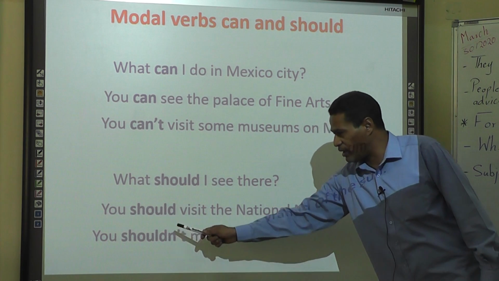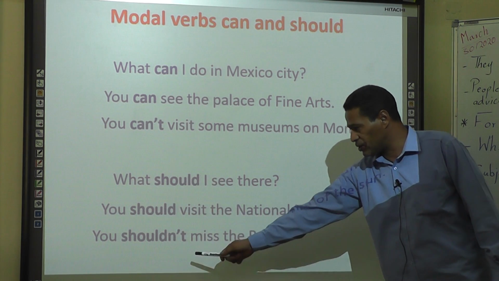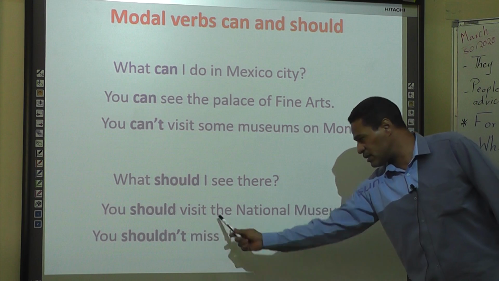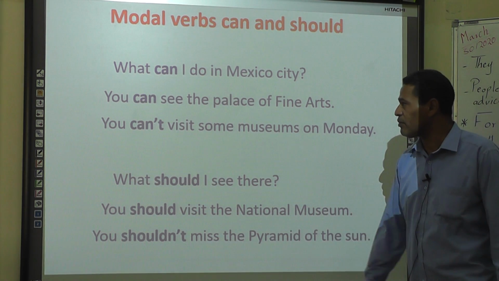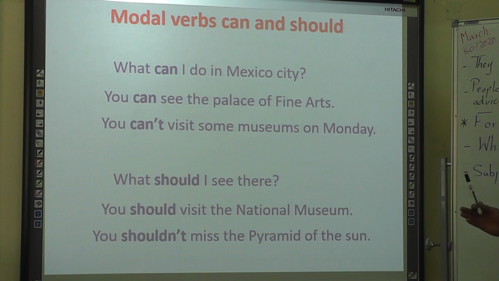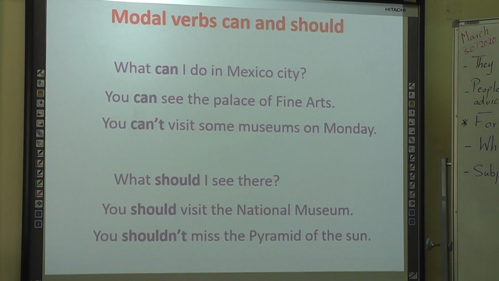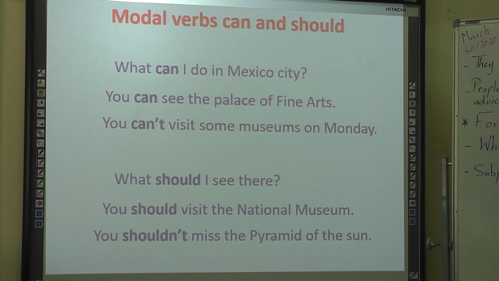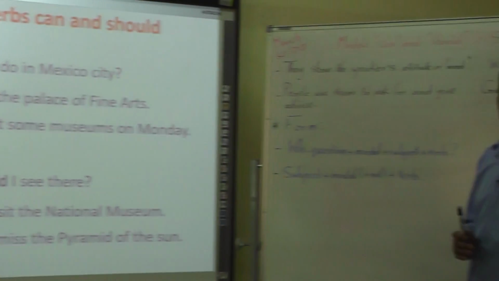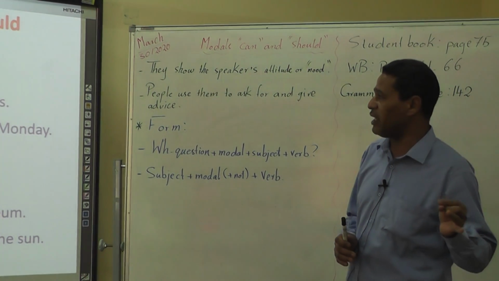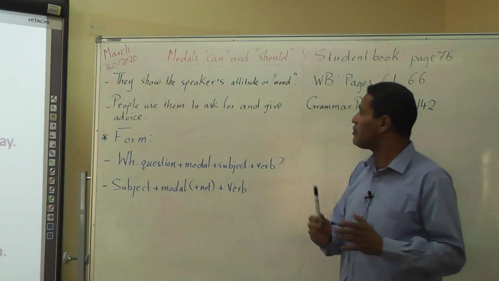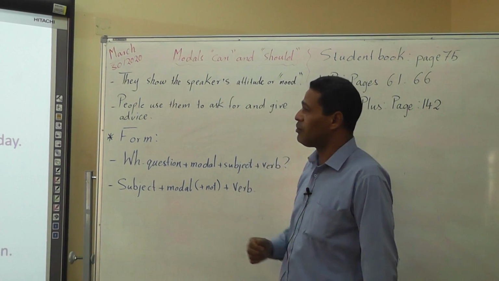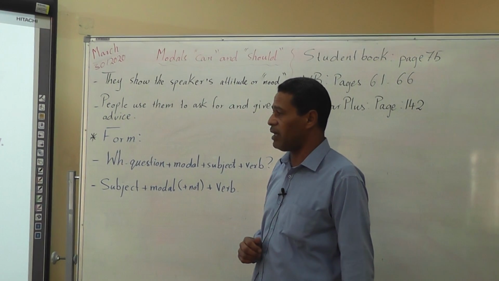So, a negative one, subject, should, plus not, plus the root of the verb, miss. So, again, in short, modals can and should, we use them either to ask for advice or to give advice. This is what we use them for.